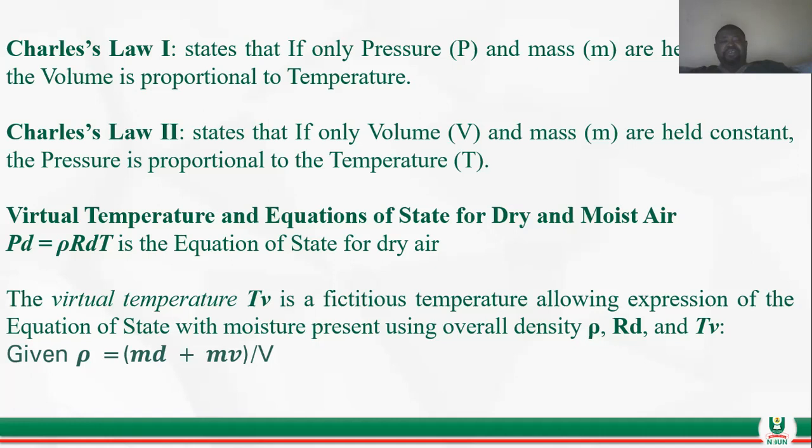Okay, so that is the equation of state for dry air. The virtual temperature T_v is a fictitious temperature allowing expression of the equation of state with moisture present using overall density rho, R_d, and T_v, the virtual temperature, given by the equation as shown.